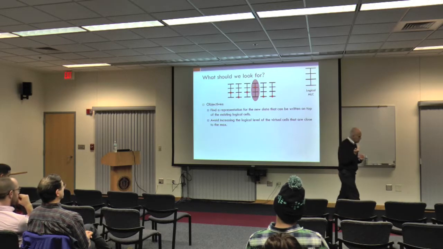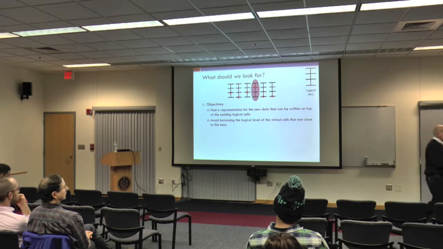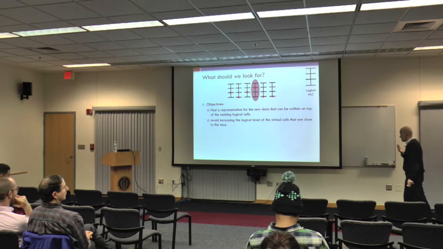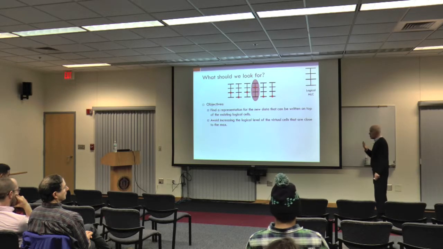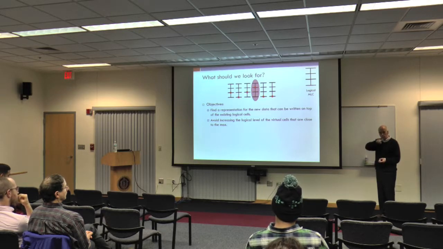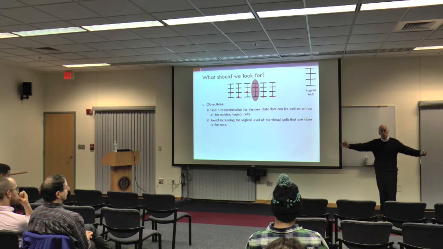So let me give you an example. Remember, those of you who have taken a coding course will know about the perfect Hamming code of length 7 and dimension 4. So it's perfect. The spheres of radius 1 about the code words are disjoint, and they exhaust the space.